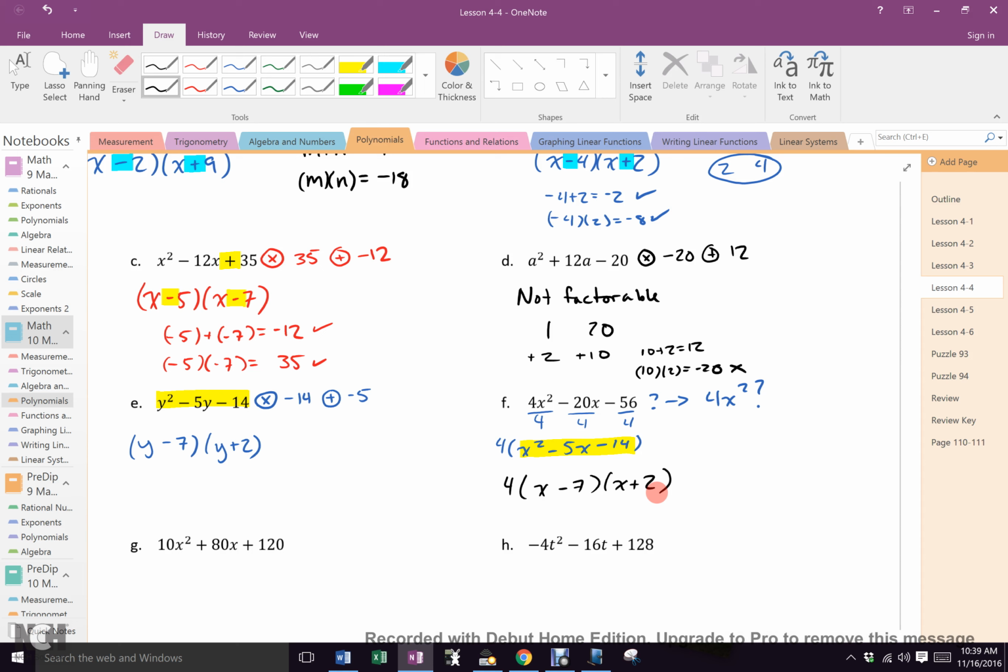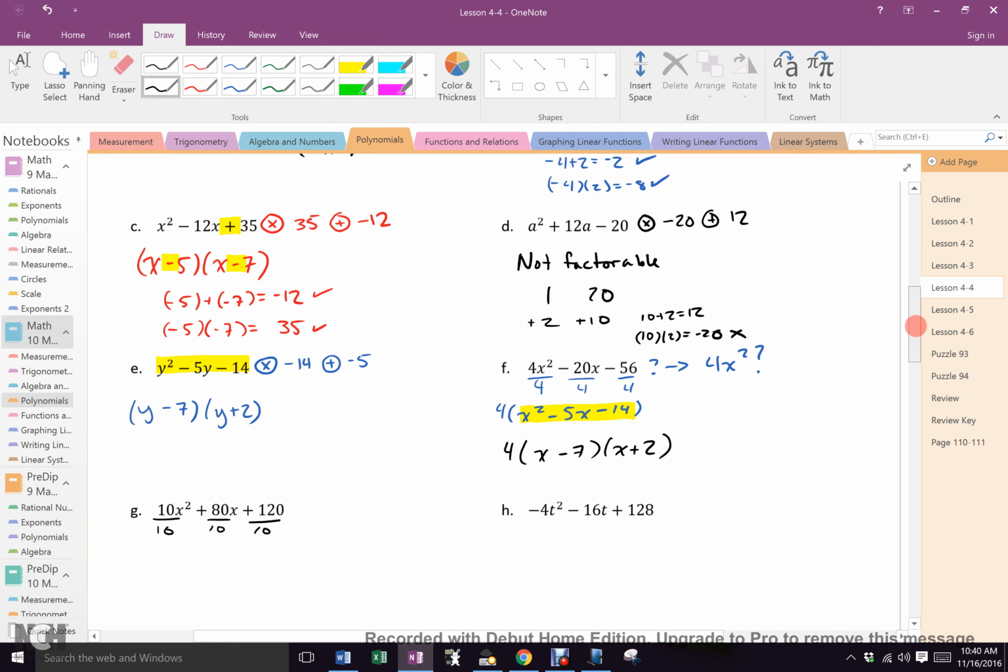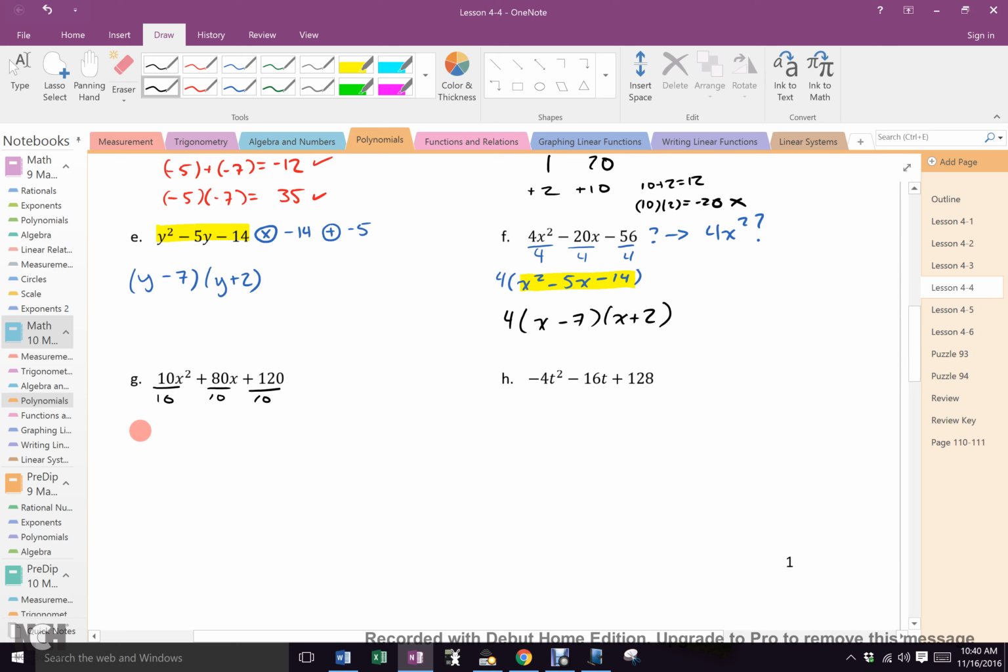Okay. Now apply what we just did here to here. What do I got to get rid of here? I got to get rid of the 10. So to get rid of the 10, I got to divide by 10, and then I check. Does it work with everything else? Sure. So what do I end up with? X squared plus 8x plus 12.